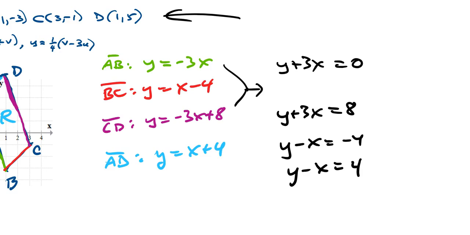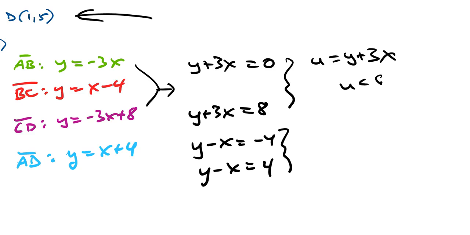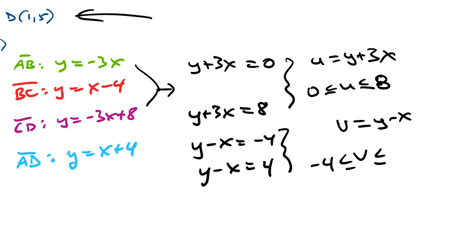There's more than one way to do this, so if you see a different way, you can do it. I'm going to let u equal y plus 3x, because that's common on both sides, and u goes between 0 and 8. And then v is going to be y minus x, and v goes between -4 and 4.